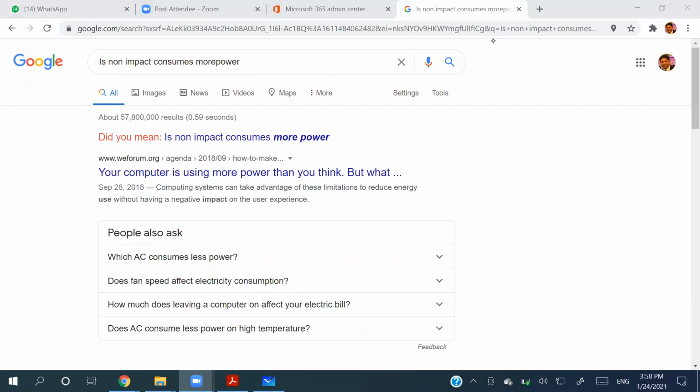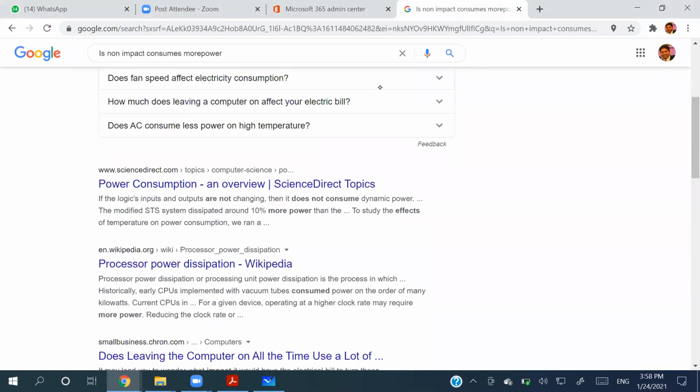So I think impact printers consume more power because it wastes energy as sound and heat. Yeah, and again, that's a good point, Vinod. I don't think you can find it in Google.